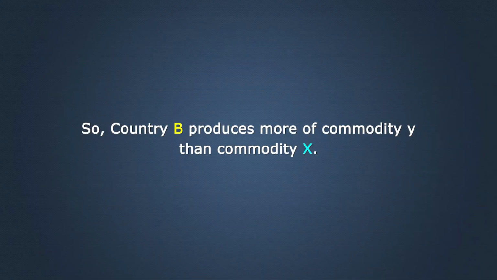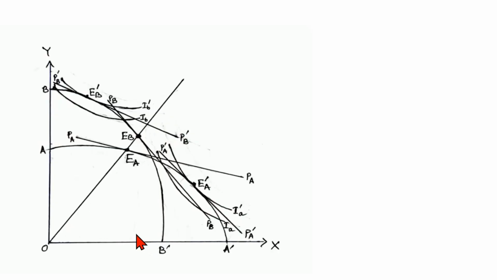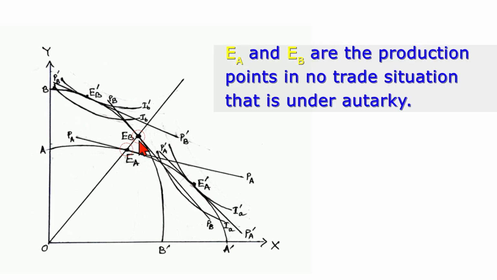So, country B produces more of commodity Y than commodity X. Now, we have drawn one ray through the origin and it has cut country A's PPF at point EA and country B's PPF at point EB. Now here we consider these two points EA and EB are the production points in the no trade situation, that is under autarky.